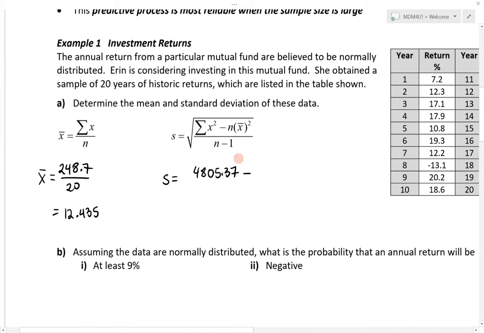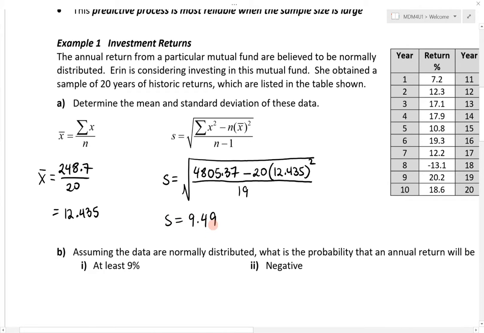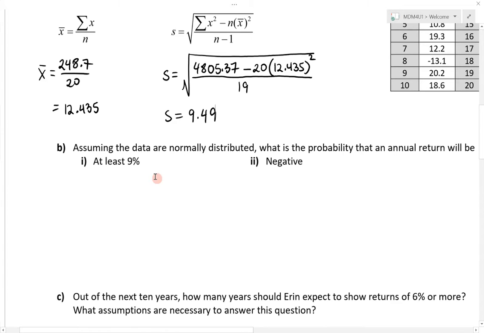And I subtract n, which is 20 years of returns here, times the mean value squared, 12.435 squared. Everything is divided by n minus 1, and n minus 1 would be 19. And you take everything and you square root everything. The final result for the standard deviation is 9.49. So pretty simple, you just apply the formulas that you're given and find the mean value and standard deviation.